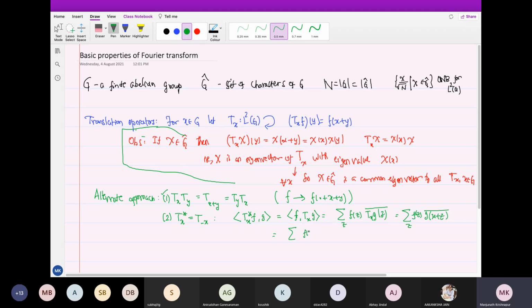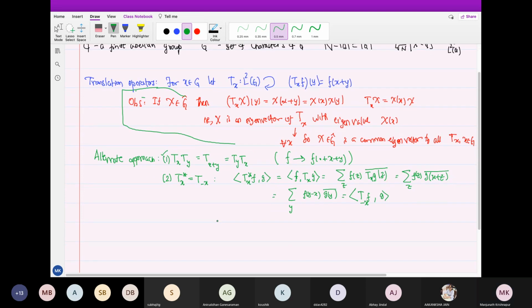So this is f of y minus x times g of y conjugate summed over y, but that is the same as T minus x f inner product with g. This is f translated by minus x. So Tx star is the same as T minus x. Okay, so that is also there.